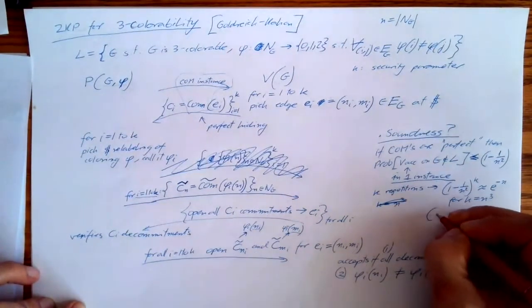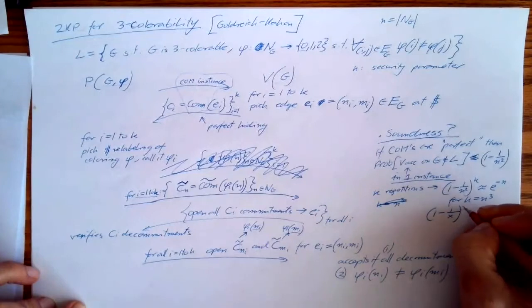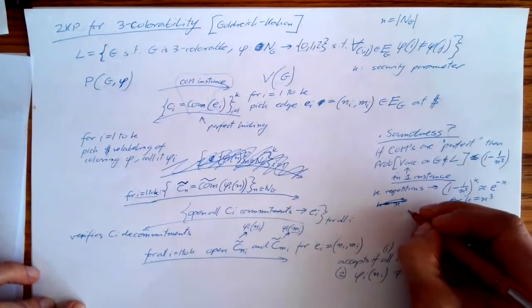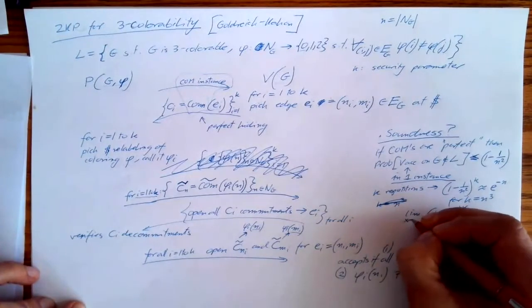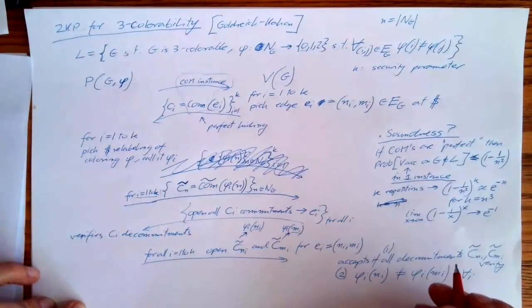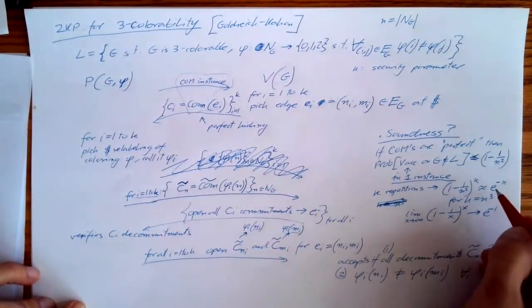Yes, because using (1 minus 1 over x) to the x, as x grows, this tends to the inverse of e, which is negligible.